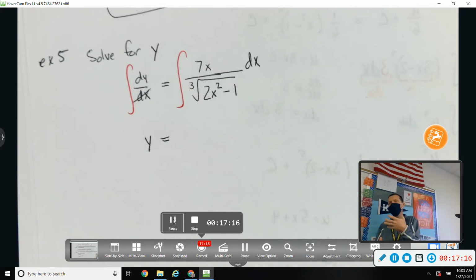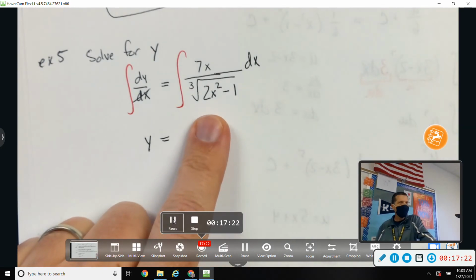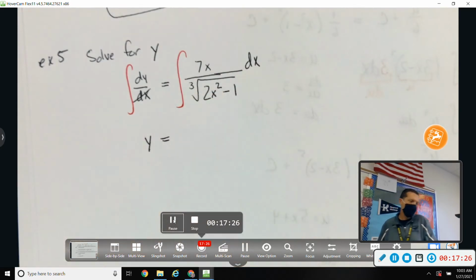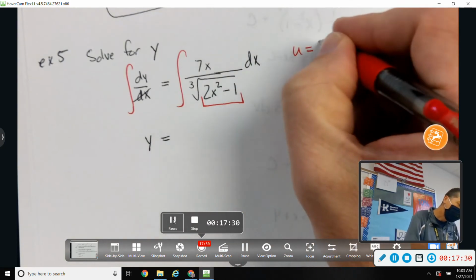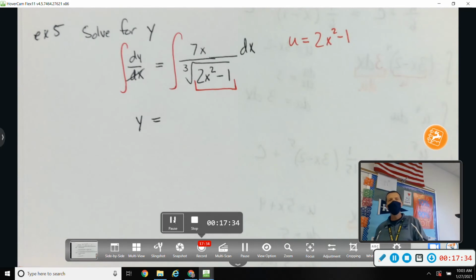Your derivative is going to be 1/3 times all that to the negative 2/3 times the derivative of the inside. You're going to have a mess. So let's let u be 2x squared minus 1. You want to let u be as much as you can without creating a mess on your hands.